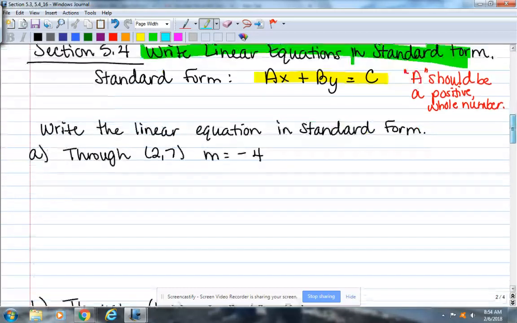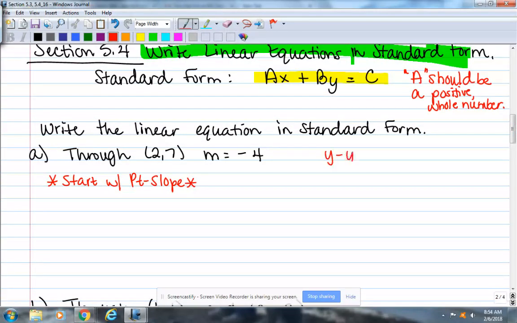We're going to start with point slope. Start with point slope. So y minus y1 equals m times x minus x1.